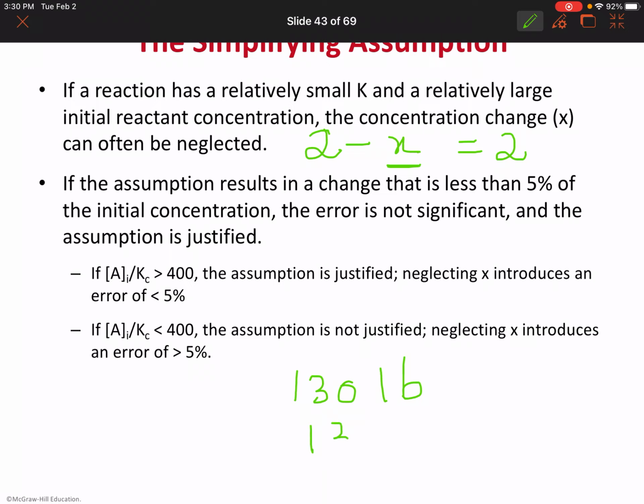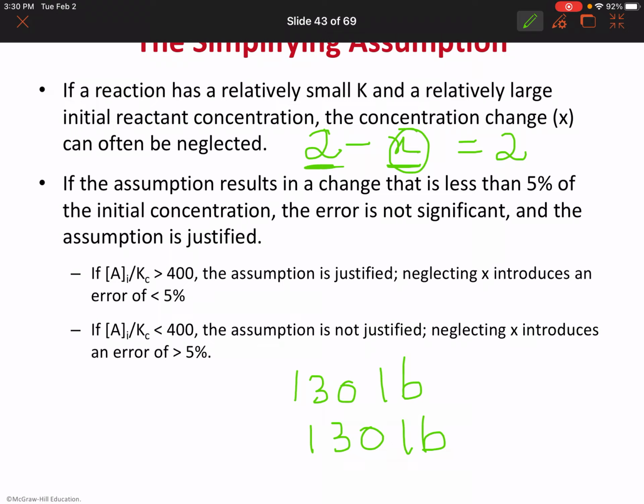No, right? So it will still be 130 pounds. So having the watch is negligible compared to the body weight that you have without the wristwatch. So like that, the x is a very small amount. The amount that has reacted is nothing compared to the initial concentration. So we're going to assume that.